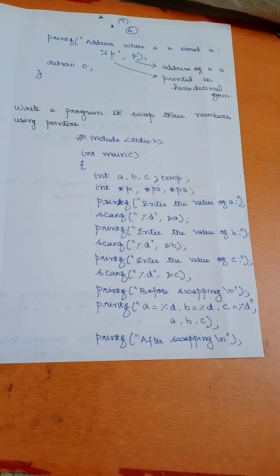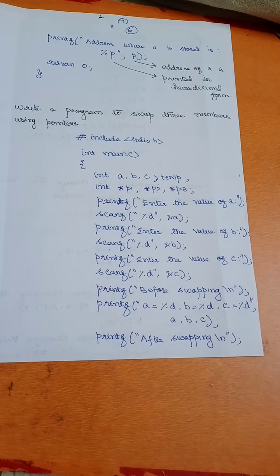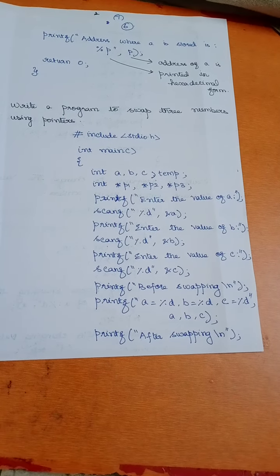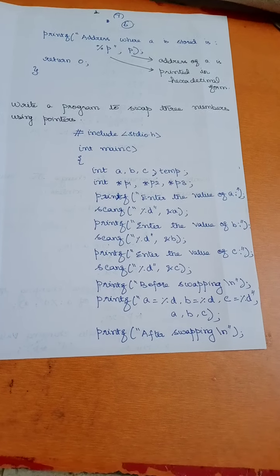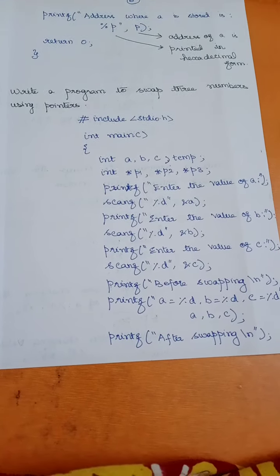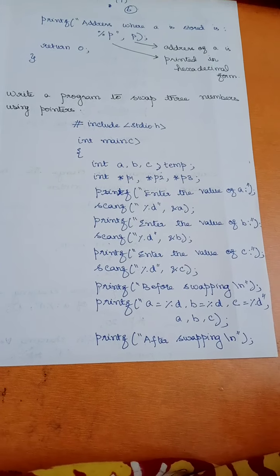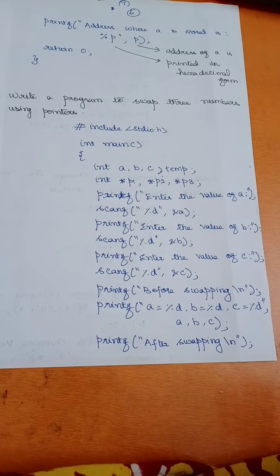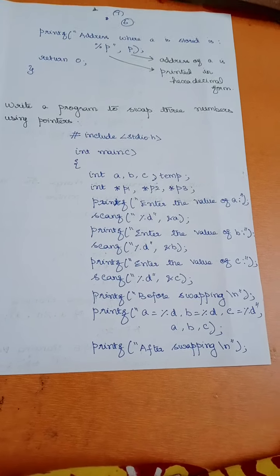Instead, I have used a dereference operator here, and I have done the swapping inside the main function itself. I have not used a separate function, and I have not passed any arguments to a function. If you want, you can also write in that way. That is one type of writing. And since we have seen the basic concept of pointers, with the help of dereferencing we have done the swapping.